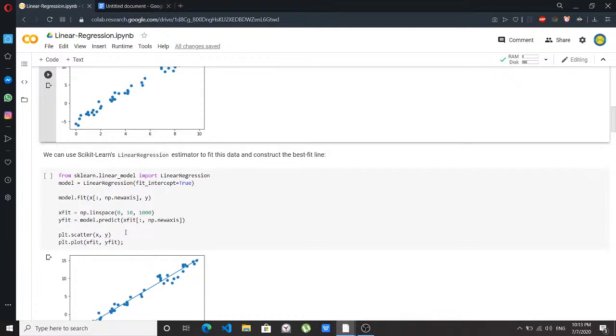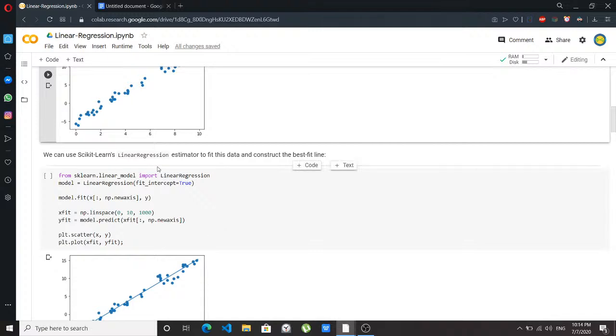Now you can implement a linear regression model from scratch. There are a lot of tutorials available for that too, but here we are using the scikit-learn library that contains a lot of ML models, for example linear regression, multiple regression, random forest, and much more.